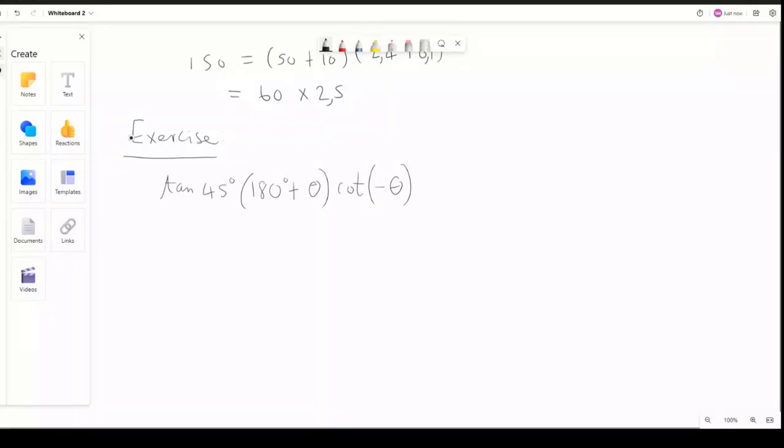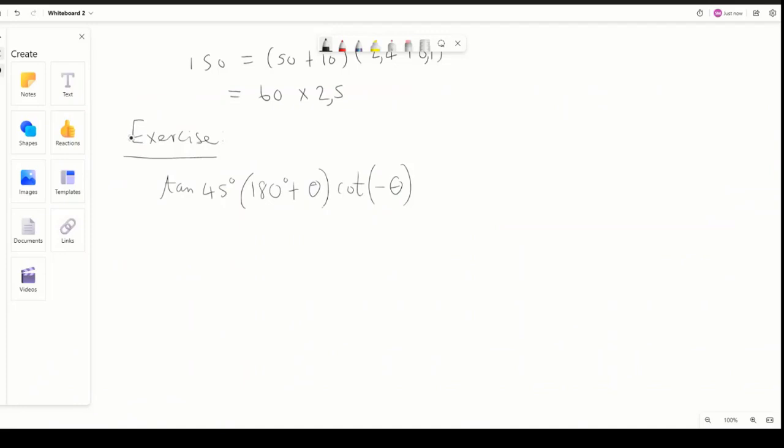Let me just check. Is this correct, what I wrote down here? It doesn't seem right. Is that how they wrote it? Yes. It keeps going though. So am I right? You cot negative theta and then what?